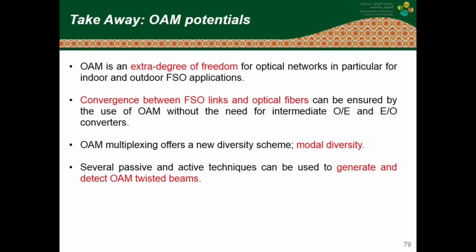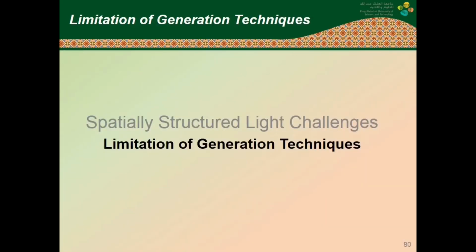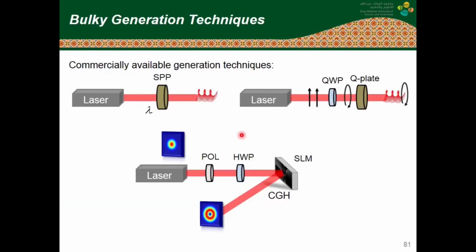After seeing the bright picture of OAM, now we should see the main challenges for the deployment of OAM in real life applications, and we will start with the limitation of the generation techniques. Among the OAM generation techniques that I showed you in the previous slides, these are the commercially available options.